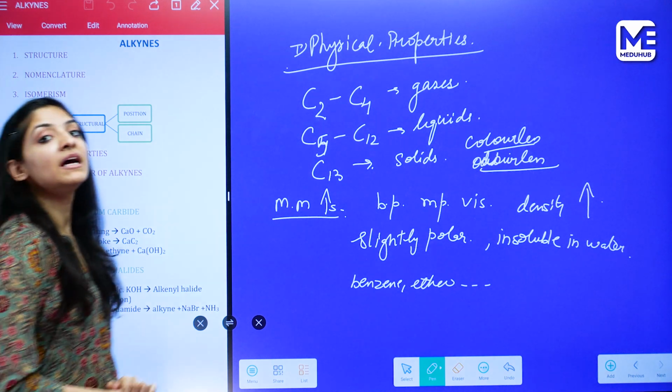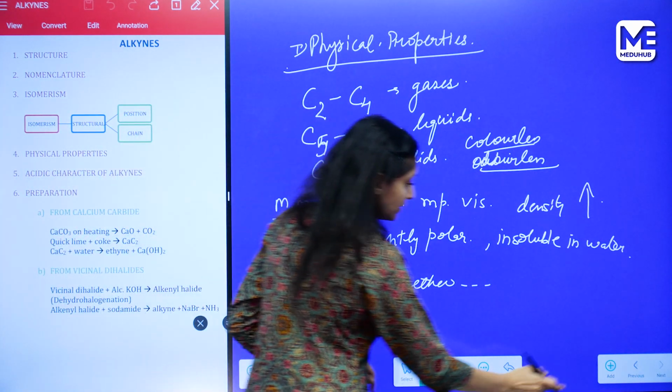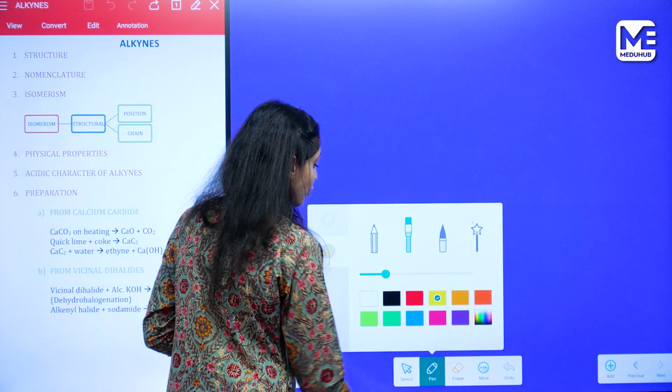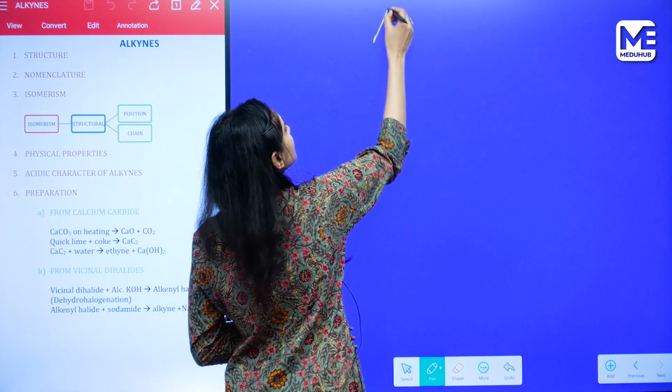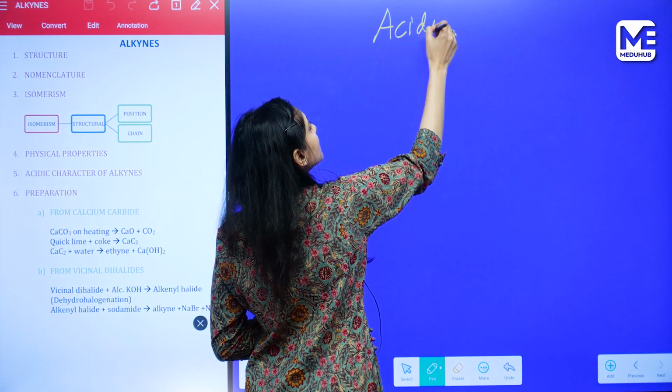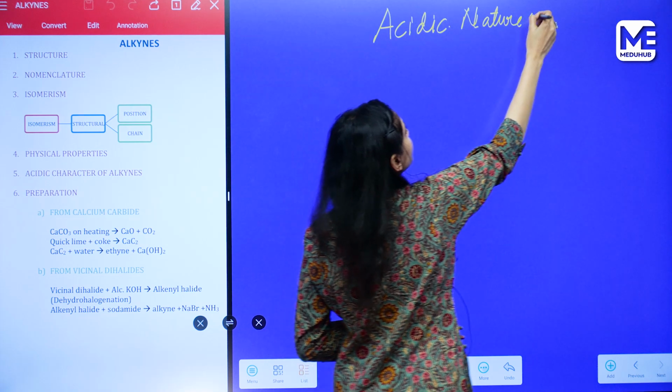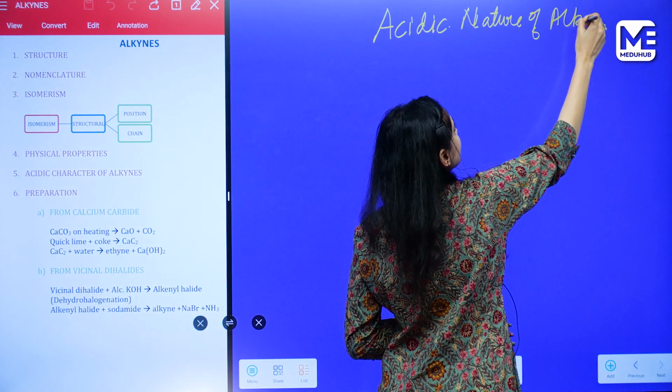Now we have to talk about the acidic character, which is very important. Why is it that alkynes are acidic in nature? There are a few reactions observed in the case of alkynes. Acidic nature of alkynes.